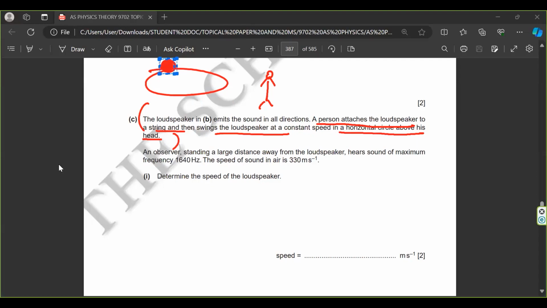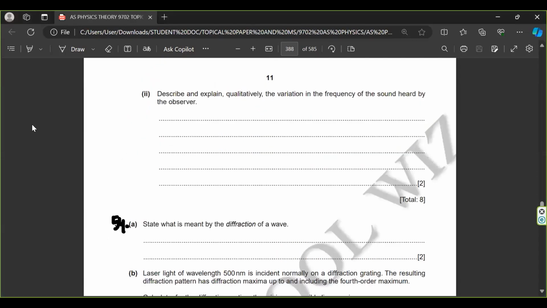So we will be organizing our understanding and writing it here, since it says describe and explain.